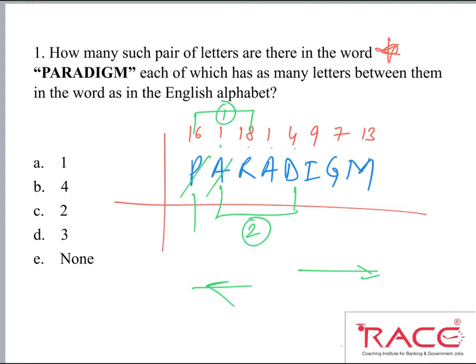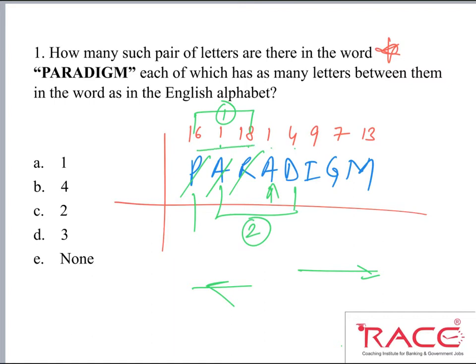Now R. As I told you, if we have a maximum value then no need to count because we always count in ascending order. So no need to count from R. Now fourth is A, 1. In backward direction all the values are very far, no need to count.